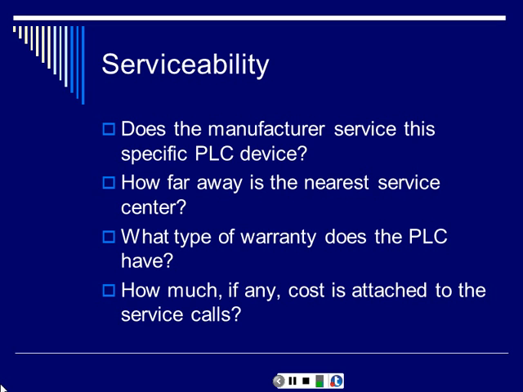This is off of PLCs, but Mercedes purchased some KUKA robots. And there was not a service center anywhere near the southeast region. So Mercedes talked to KUKA, and KUKA decided there were so many robots that Mercedes was going to buy from them that they would put a service person at their facility.